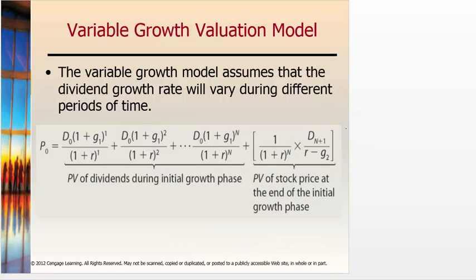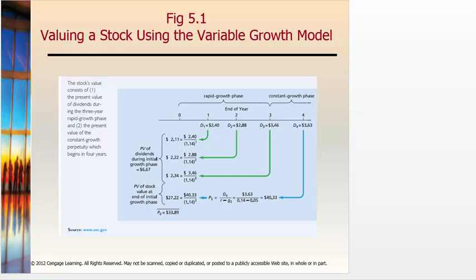Variable growth model. I want you to have a conceptual idea of what this looks like. A lot of companies are going to grow quickly at first. Think of this as a business cycle. It's going to grow quickly, then stagnate a little bit, and then come back down, right?